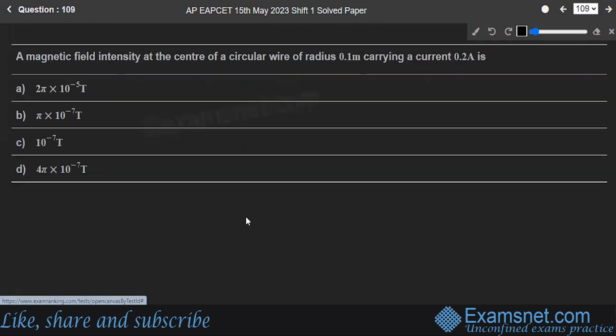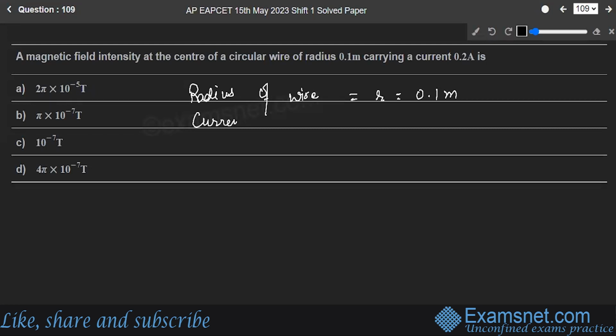Hope you got that. Next is question 109. The magnetic field intensity at the center of a circular wire of radius 0.1 meters carrying a current of 0.2 ampere is. So here you have the radius of the wire as 0.1 meters and the current in the wire as 0.2 ampere.